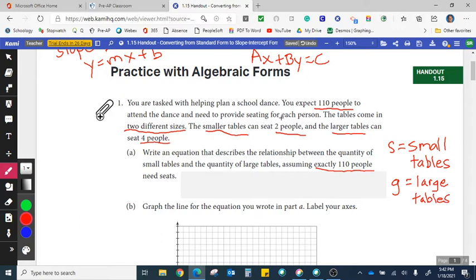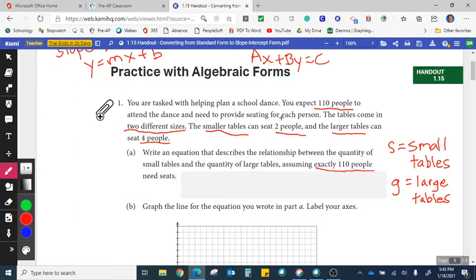Okay, so if S is the number of small tables, it says each small table will seat 2 people. Each large table will seat 4 people. Okay, so if I have one small table, then it will seat 2 people.